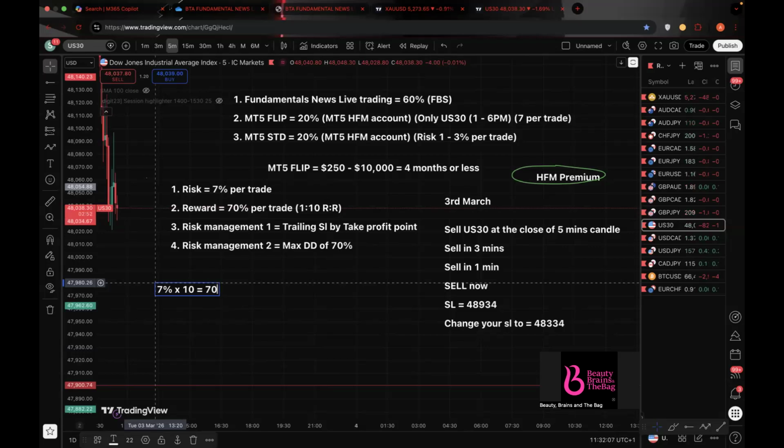I will stop trading, secure what is left. All right. So if you start this challenge today, and God forbid we lose 10 trades in a row, that basically means the maximum I'm going to lose on the $250 account would be $175.